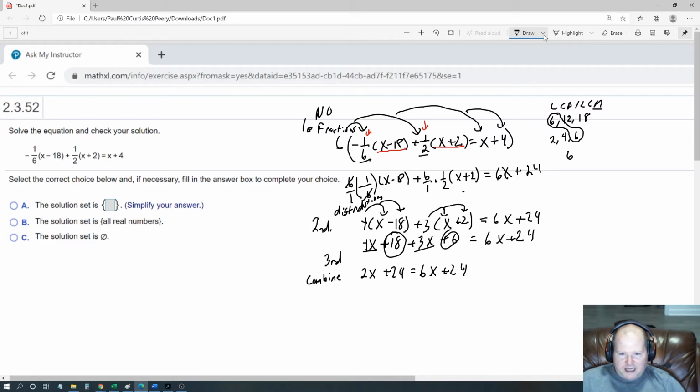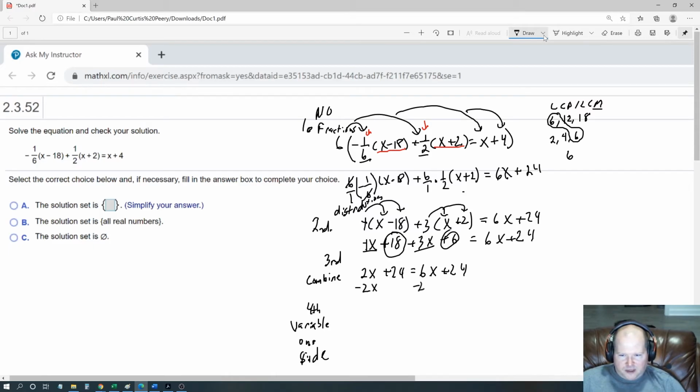Now that we've combined like terms, we're going to get all the variables on one side and all the constants on the other side. That's the fourth step. Let's say I want all the variables on the right side, though it doesn't make any difference.